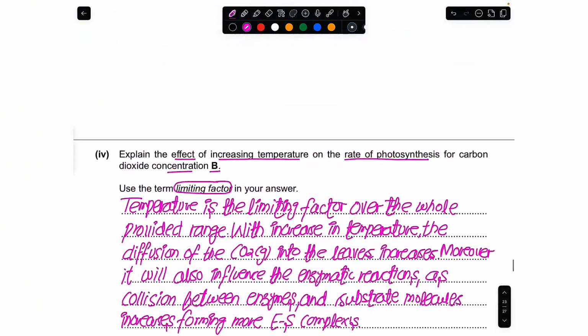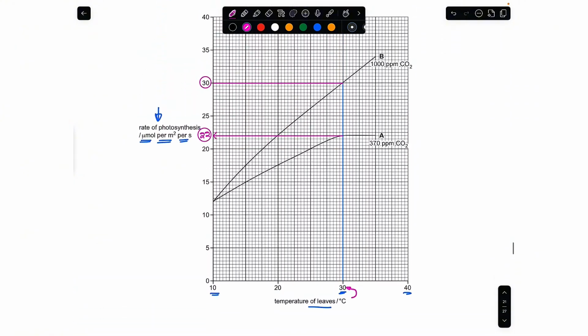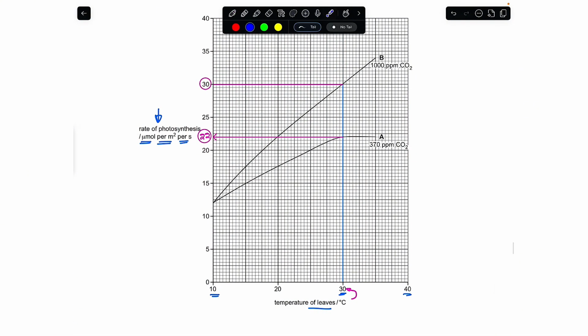So now, if I take you back to the curve A, the kind of evidence that we see is that beyond 30 degrees centigrade and up to 35 degrees centigrade, despite having a lot of temperature with us, the temperature is not acting as a limiting factor here, it is basically there in excess.